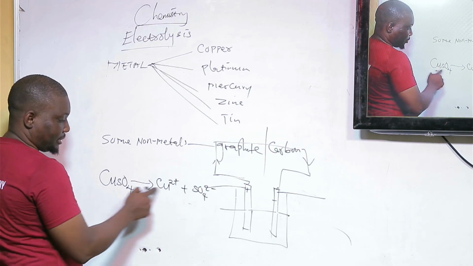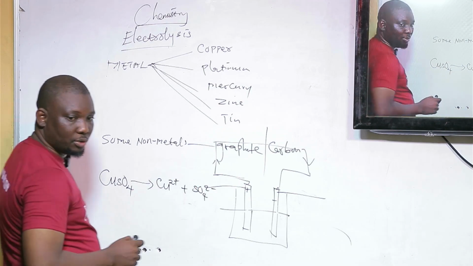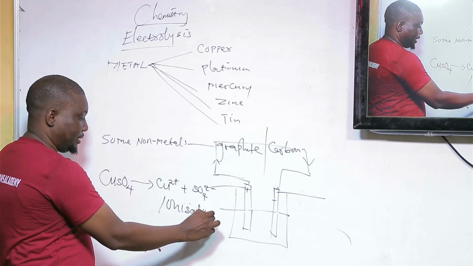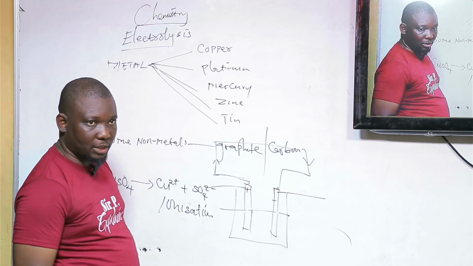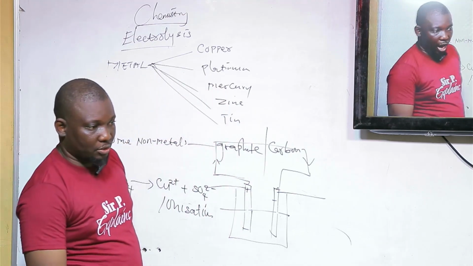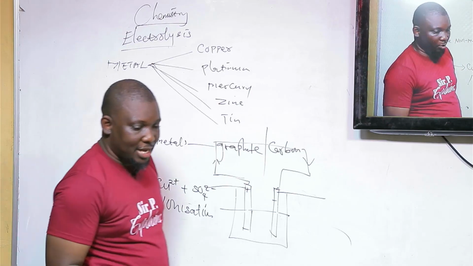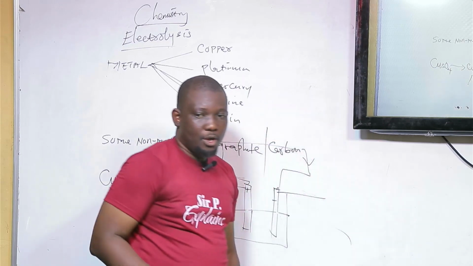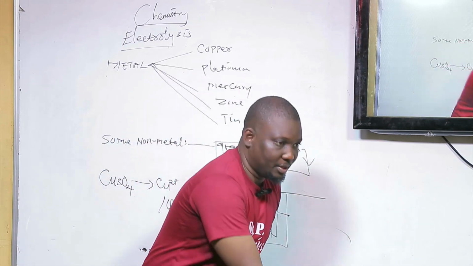So this process is called decomposition, or I can call it ionization. Not ionization energy, just ionization, don't add energy to it. There's a difference between ionization and ionization energy. What is ionization here?